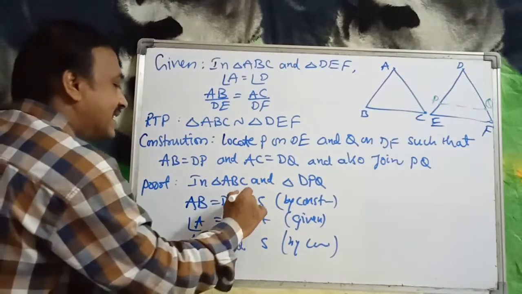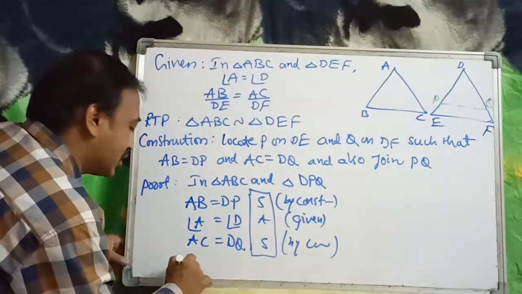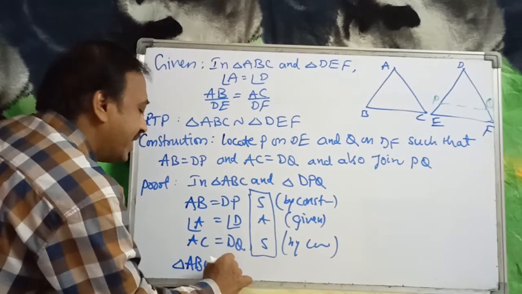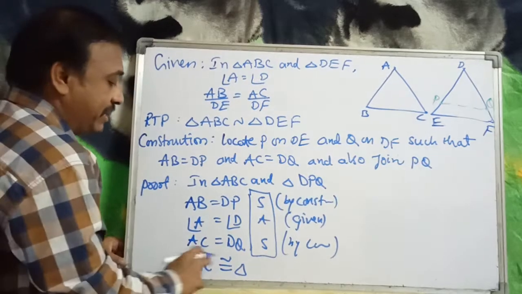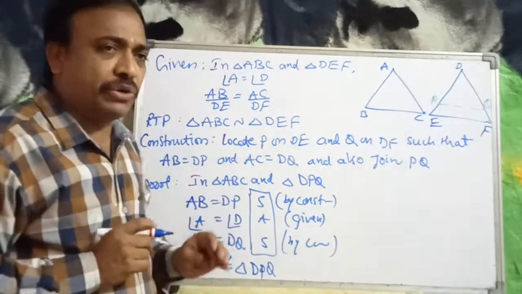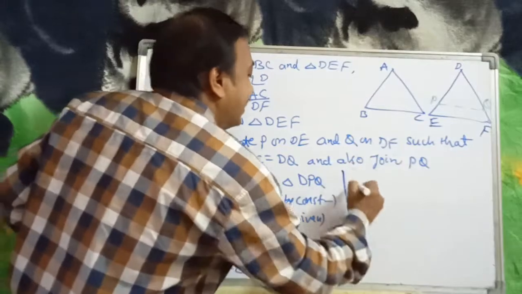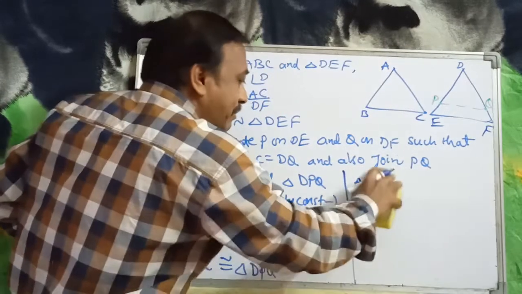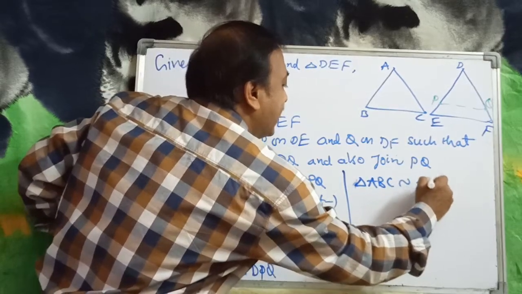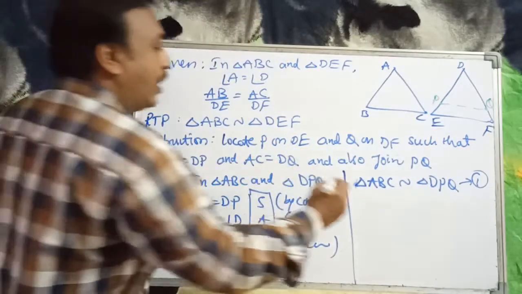Now, by SAS congruence criteria, triangle ABC is congruent to triangle DPQ. Congruent figures are always similar, so we can say that triangle ABC is similar to triangle DPQ. Let this be equation 1.